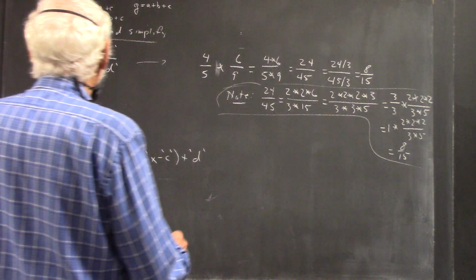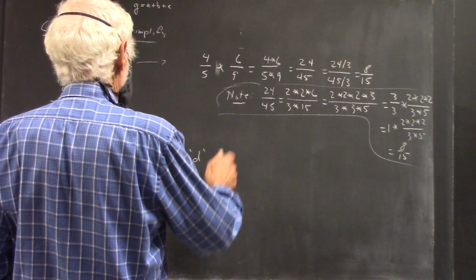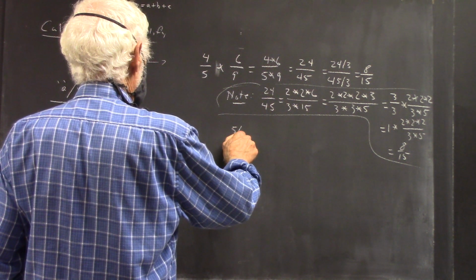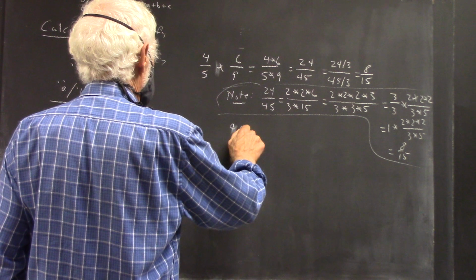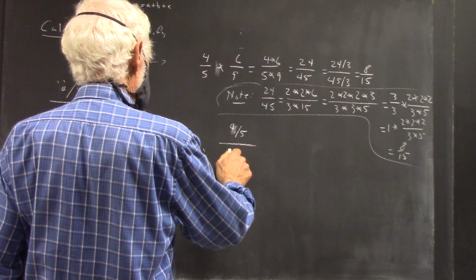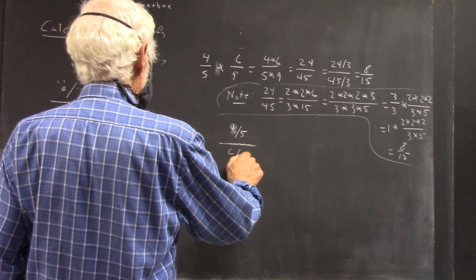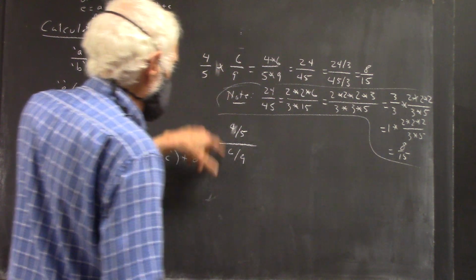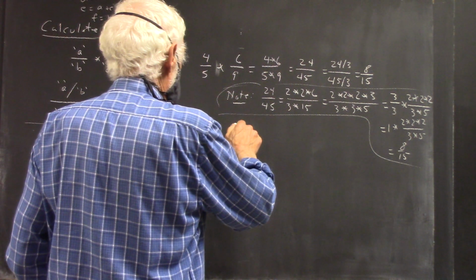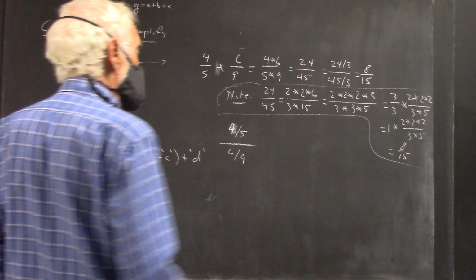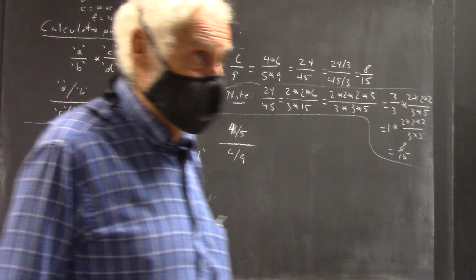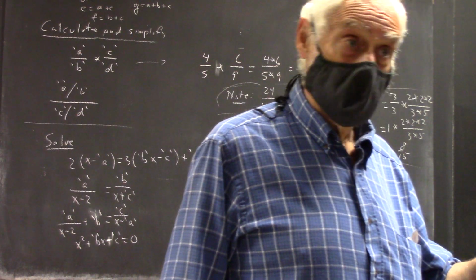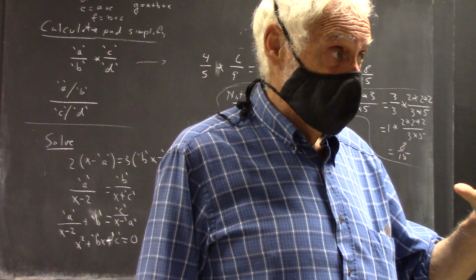Okay, so anyhow, A over B. That's going to be 4 over 5, so that's 4 over 5 divided by 6 over 9. Same fraction, but now we're dividing. Now, the reason I wanted you to do the division by fractions, this is 5th grade arithmetic, I'm telling you, okay?